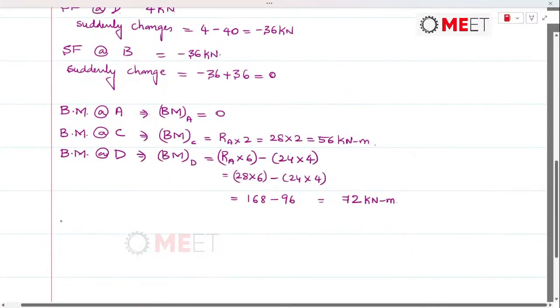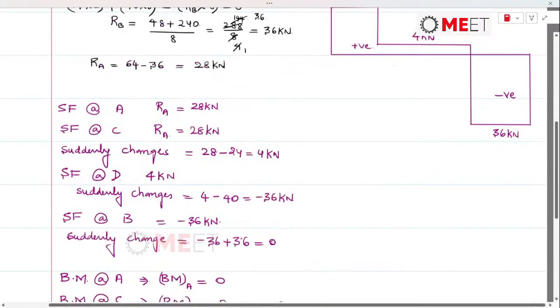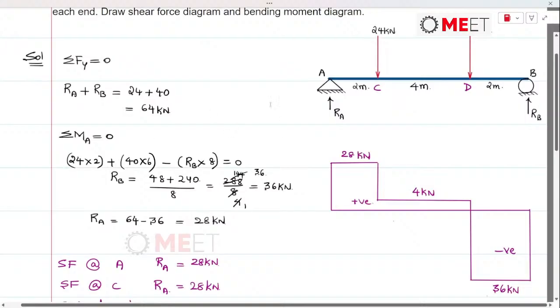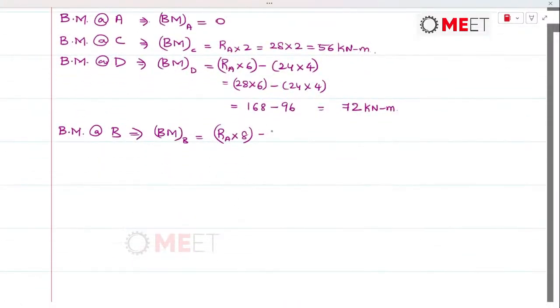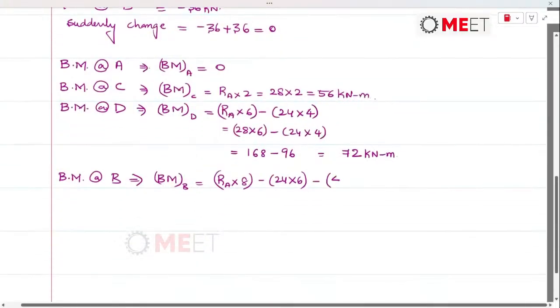So next is bending moment at B, which is BM subscript B, which is RA into 8. The distance between RA up till B is 8 meters, and from the point load 24 kilonewtons up till B is 6 meters. That is minus 24 into 6, minus the point load of 40, and up till B it is 2 meters of distance.